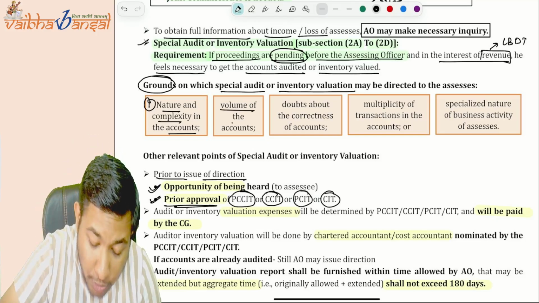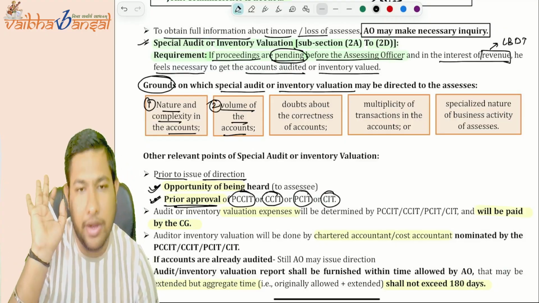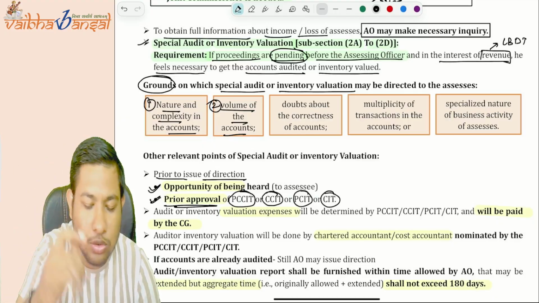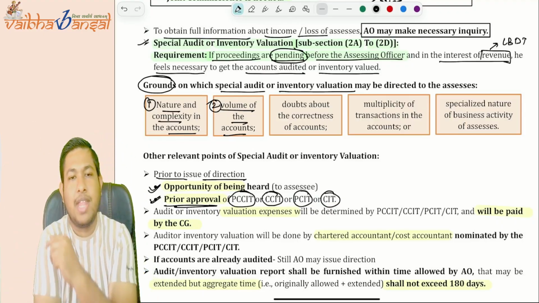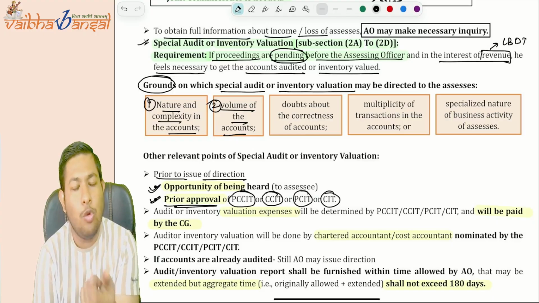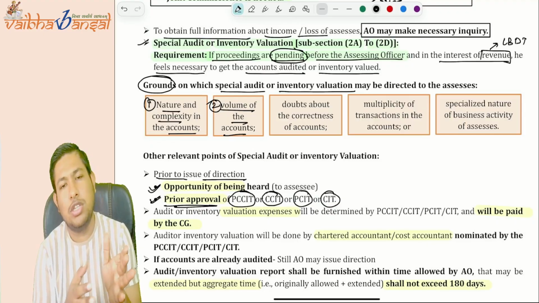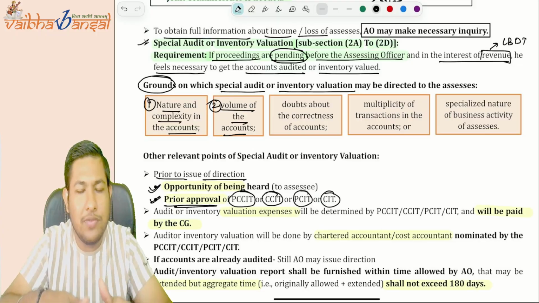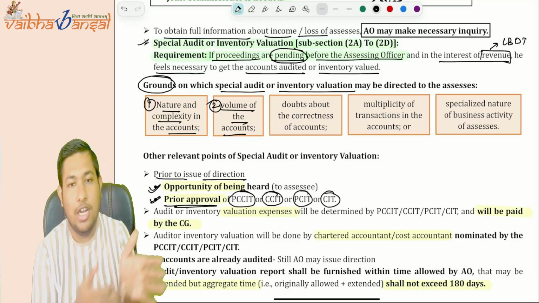The second ground is the volume of the accounts. The assessing officer needs to complete his target. The CBDT has given a target that he needs to make a tax recovery of this amount. But when he opens the account of a particular assessee, the account runs to thousands and thousands of pages. Does he have the time to devote to all of that, because he needs to fulfill the target?